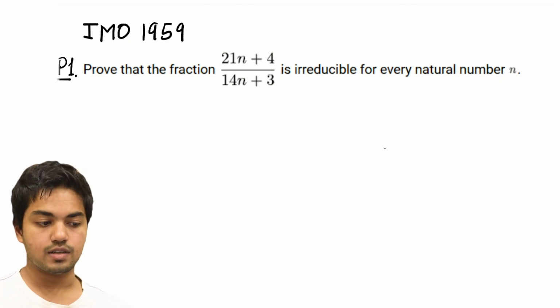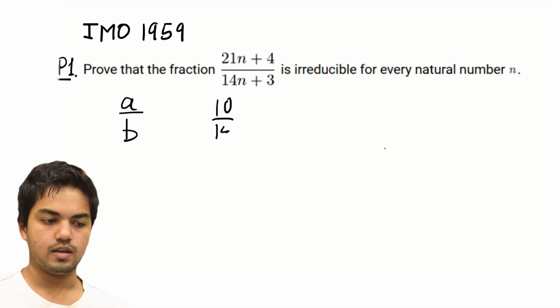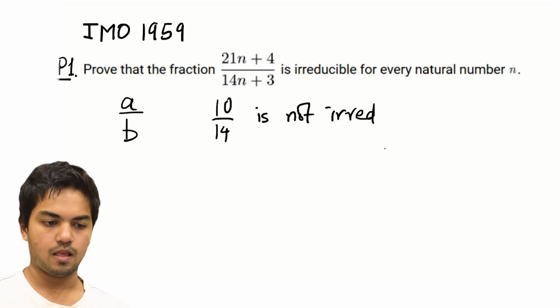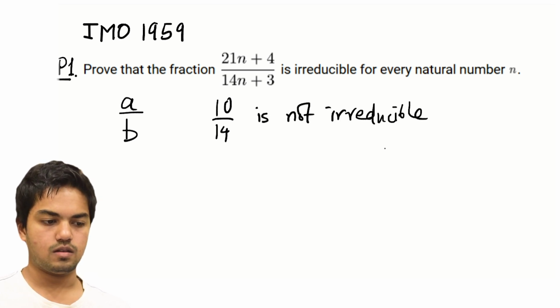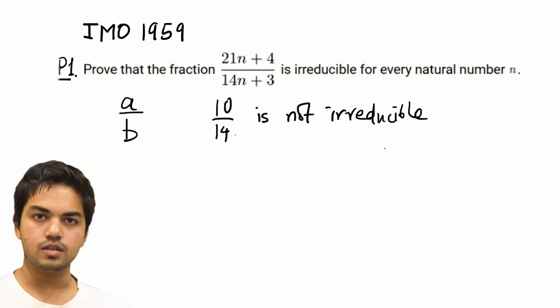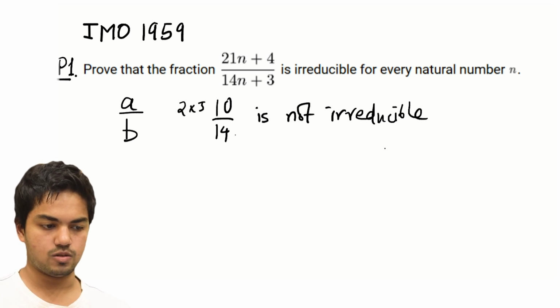What does it mean for a fraction a/b to be irreducible? So, for example, the fraction 10/14 is not irreducible. Why? Because 10 and 14 share a common factor. We'll look further into what this means, but we know that 10 is 2 times 5 and 14 is 2 times 7.